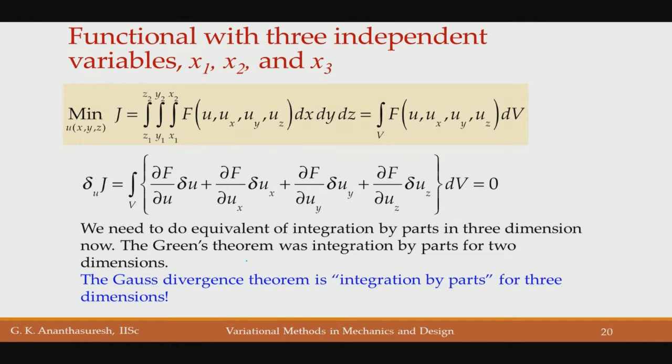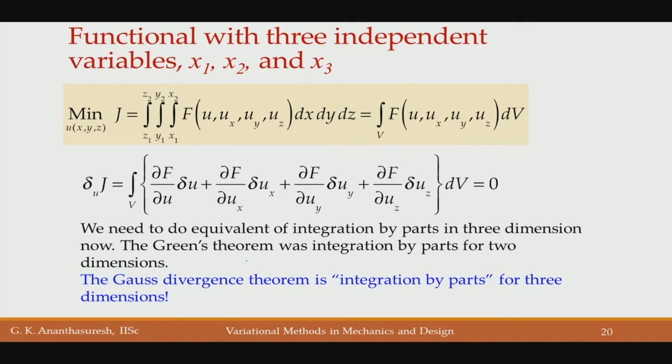Now, we had touched upon the 3 variables, and we essentially say that whatever method we have used for 1 variable extended to 2 variables by replacing integration by parts with Green's theorem. In the case of 3 variables, we replace Green's theorem with Gauss divergence theorem.